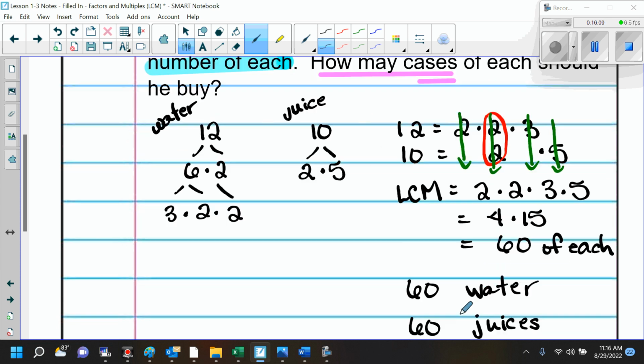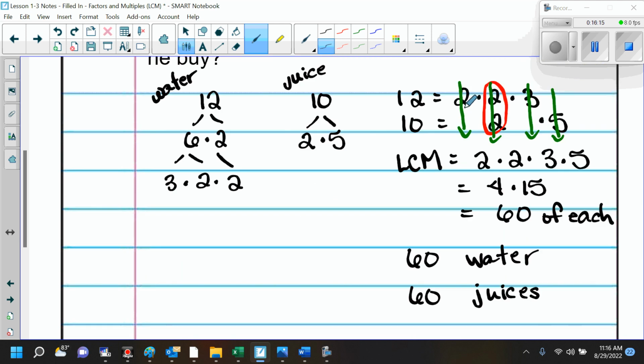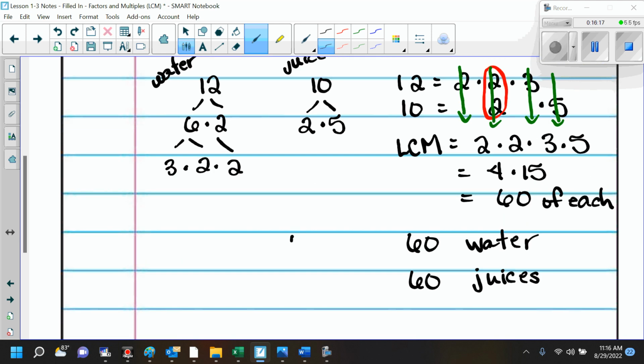How many do we have in each case of water? We have 12. So we want to know 12 times what gives me 60? 12 times 5. So we want 5 cases of water.